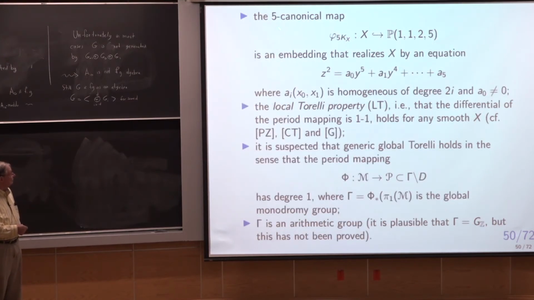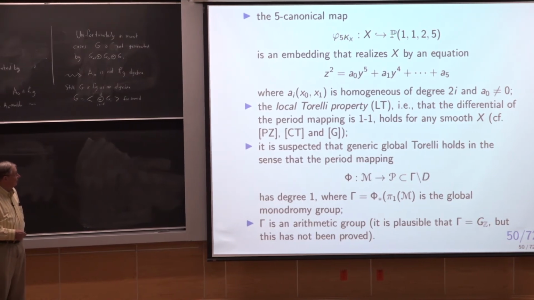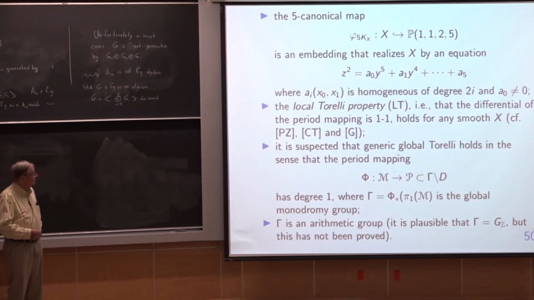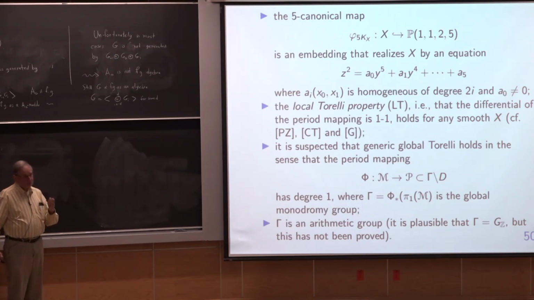And you can then figure out the equation of the surface in a weighted projective space. So x0, x1 have weight 1, y has weight 2, z has weight 5. This is its equation. So one knows, you can hold these surfaces in your hand, so to speak, at least their equations.